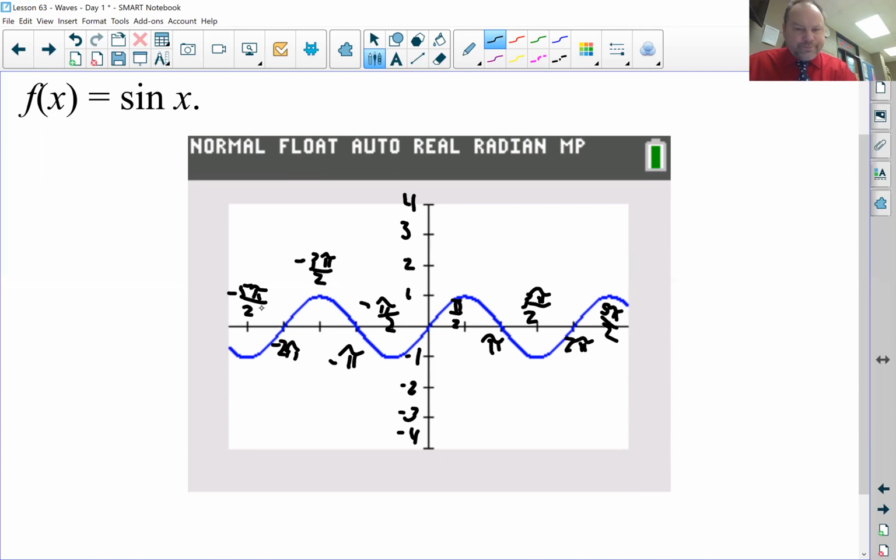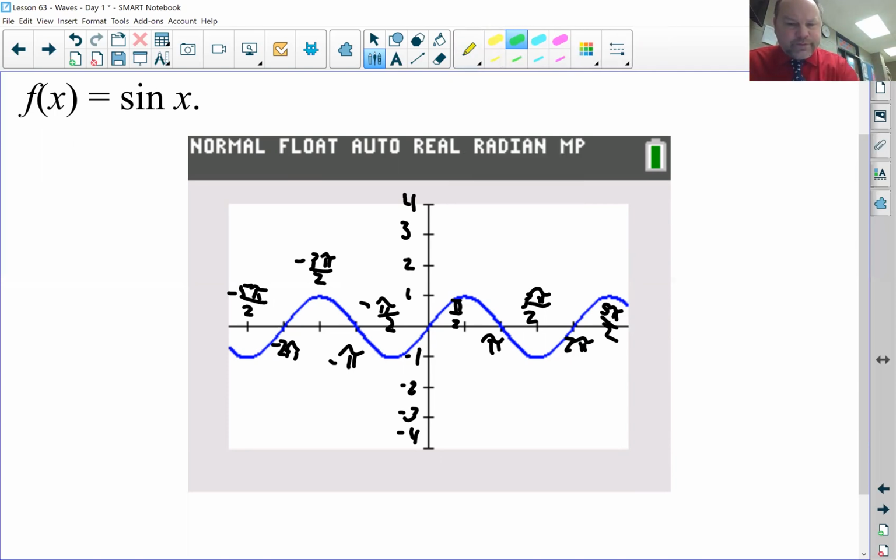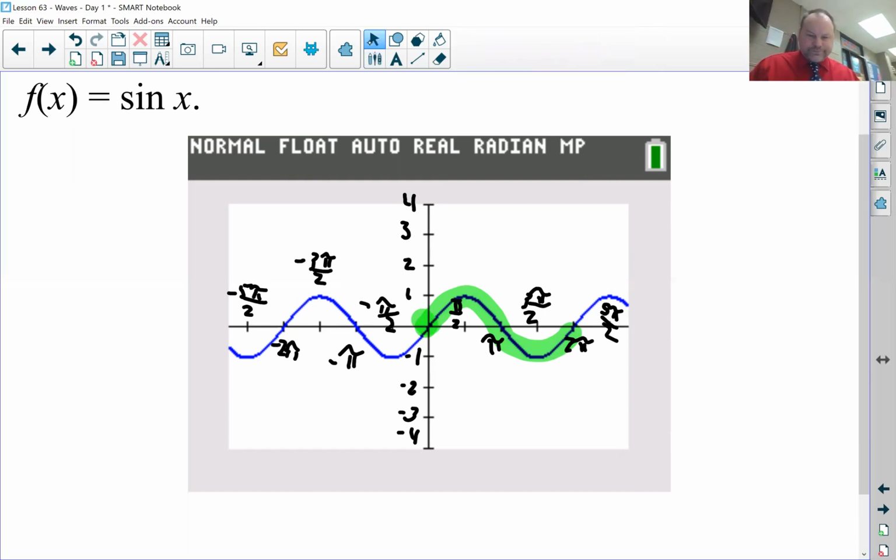So sorry about that. And then the period was what I had highlighted. This is the period. You'll see it repeats that pattern over and over and over.